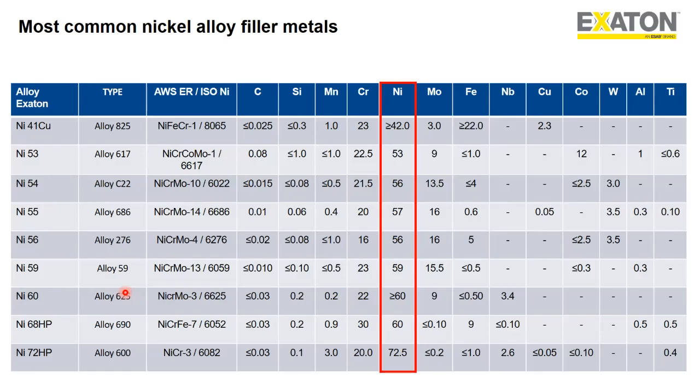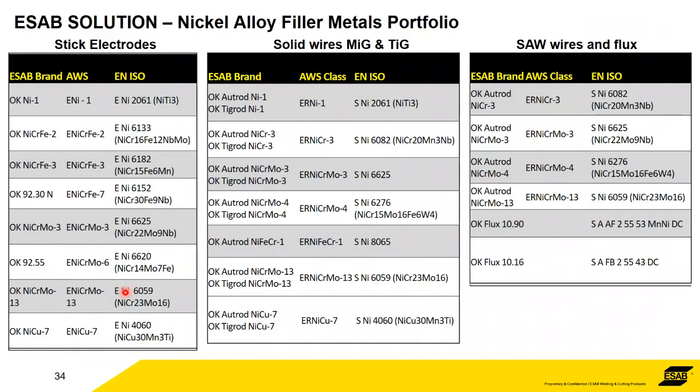In addition to that, ESAB also have a range, some of which overlap and some of which are unique. But suffice to say that we do have these available as solid wires, stick electrodes, and we do have submerged arc wires and fluxes. So quite extensive range is available in either the Exciton or the ESAB range.